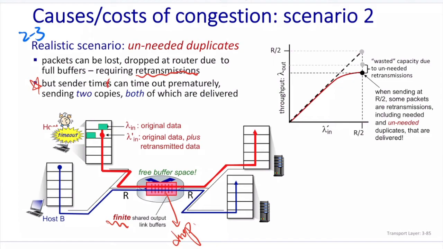But the sender's timer can time out and send 2 copies, both of which are delivered. Again, the original data is 100 units, and because packets might drop at the router, plus retransmission is 20 right here.